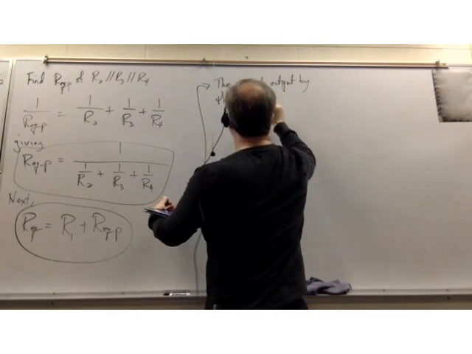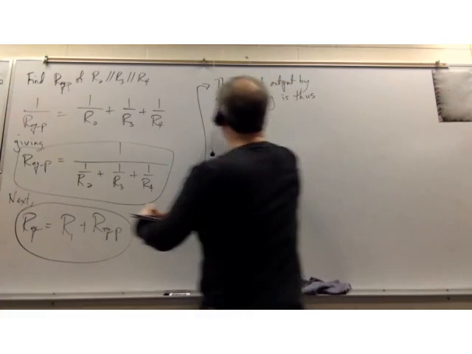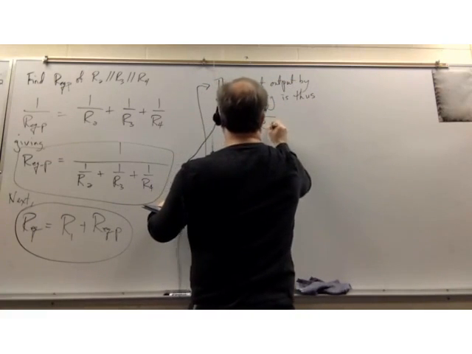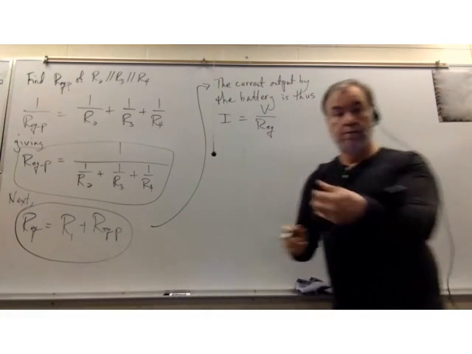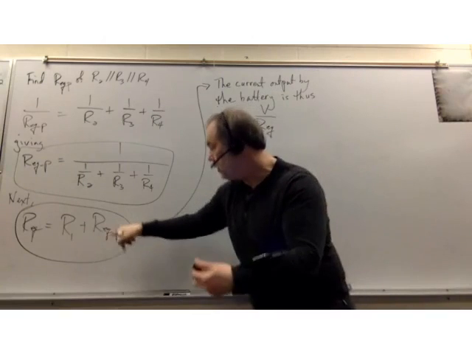And therefore, there's 2 ways of looking at the total current. First one is to say, using Ohm's law, I equals V over R equivalent. R equivalent is this, where this is that.